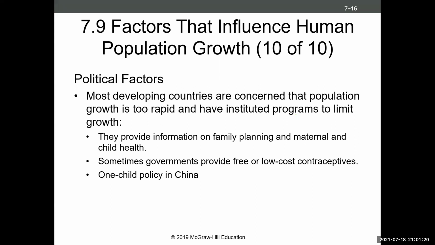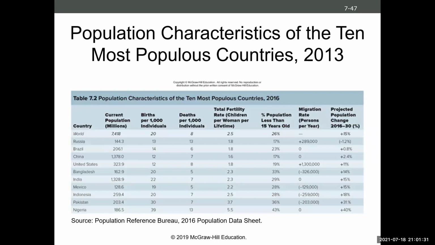Some developing countries, though, are concerned that population growth rate's too rapid and have imposed limits on population growth. And so this table just kind of looks at population characteristics of the 10 largest populous countries in 2016.